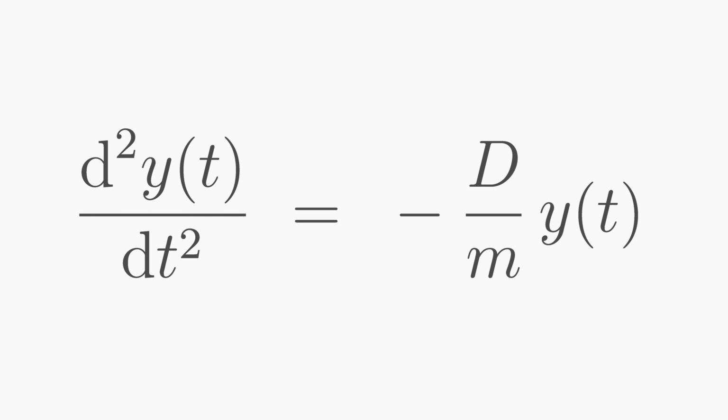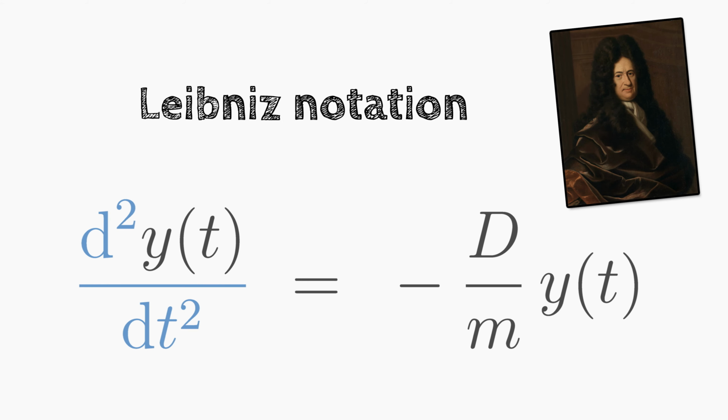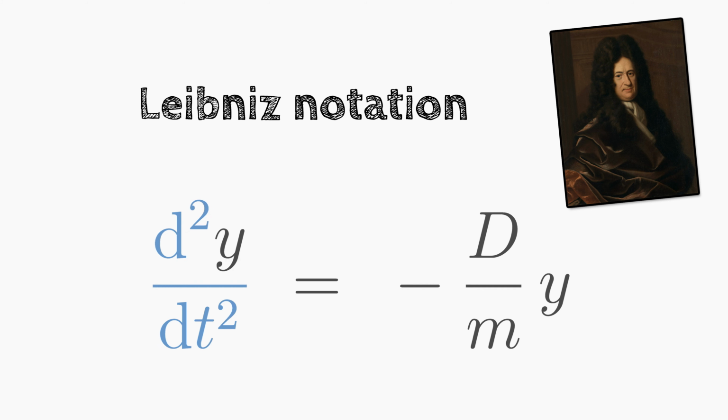You will certainly encounter many notations of a differential equation. We have written down our differential equation in the so-called Leibniz notation. You will often encounter this notation in physics. We can also write it down a bit more compactly without mentioning the time dependence.